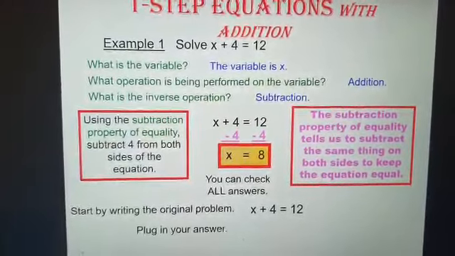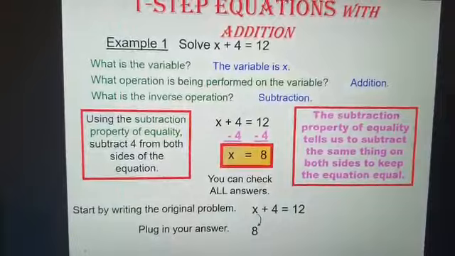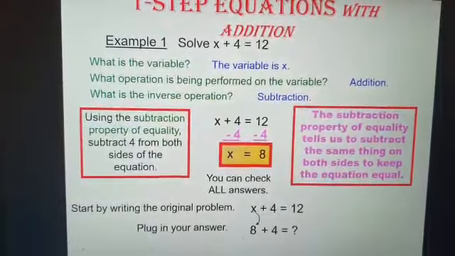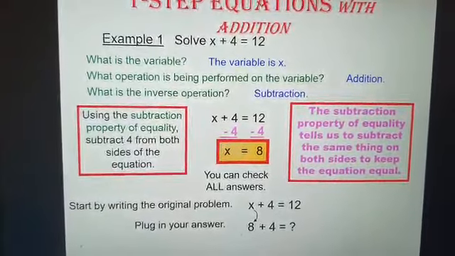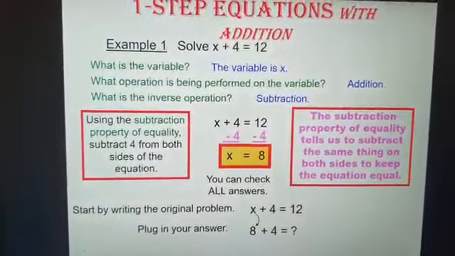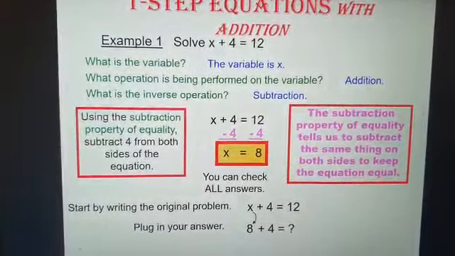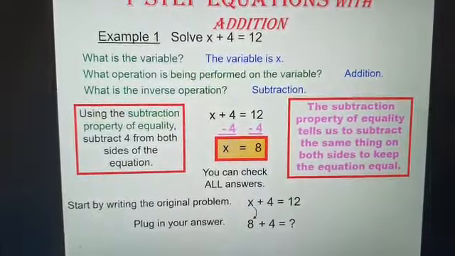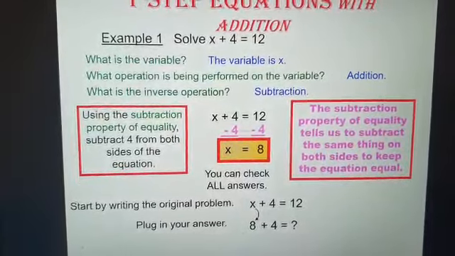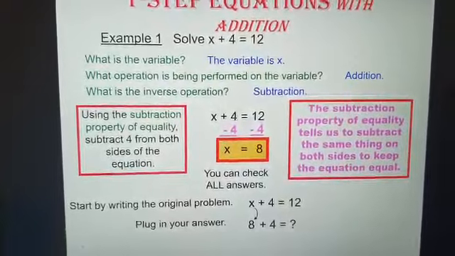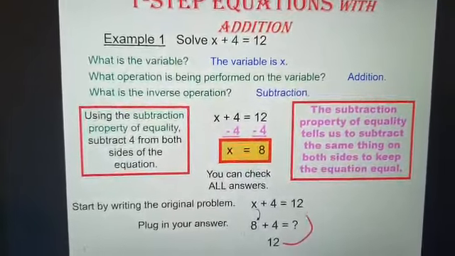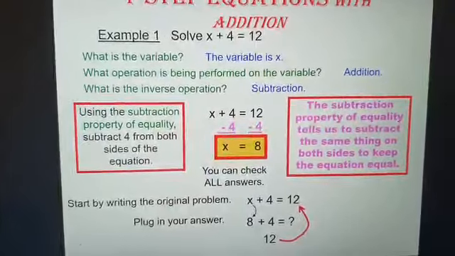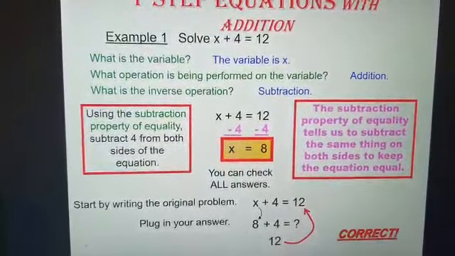So 8 plus 4 equals what? I'll check. If the left hand side equals the right hand side, my answer is correct. If not, my answer is wrong. So 8 plus 4 equals 12, which equals the right hand side, so my answer is correct.